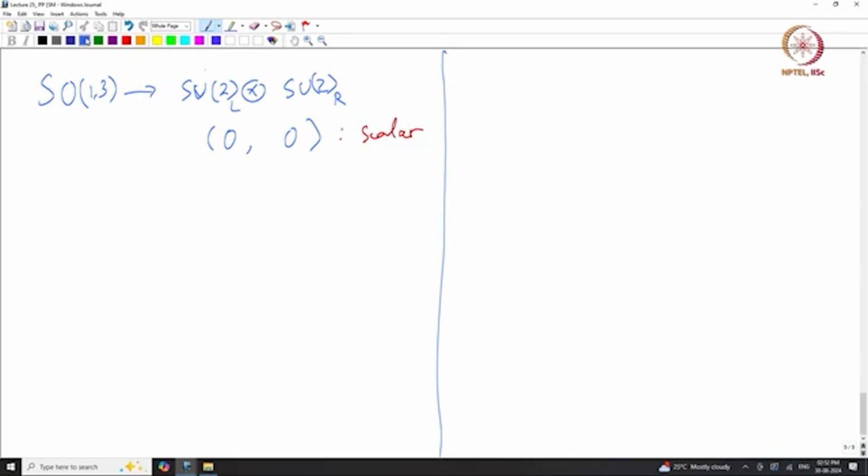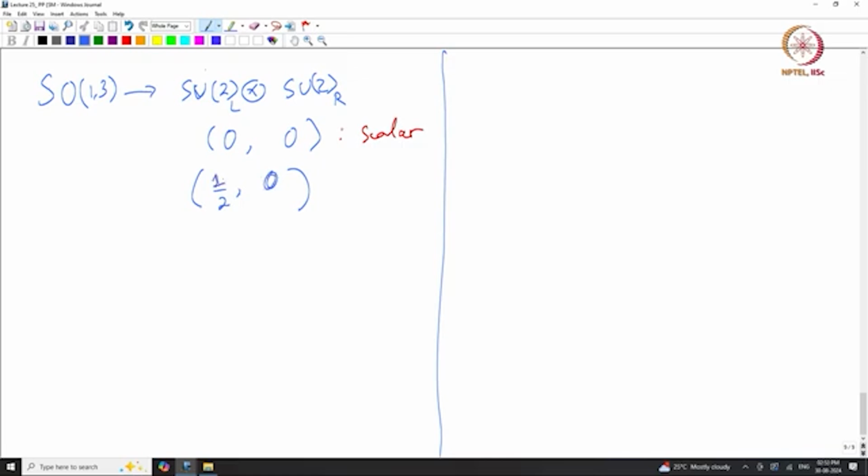What is the next smallest representation? I charge something under the left handed one but not the right handed one, okay. And again this should be an intuitive notation from considerations of spin, right. So I can say it carries a spin of half, so to speak, or they represent the group.